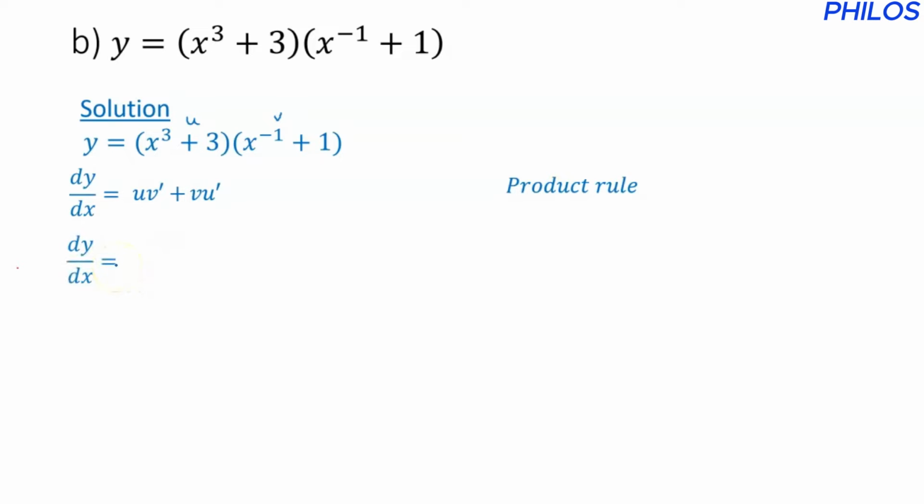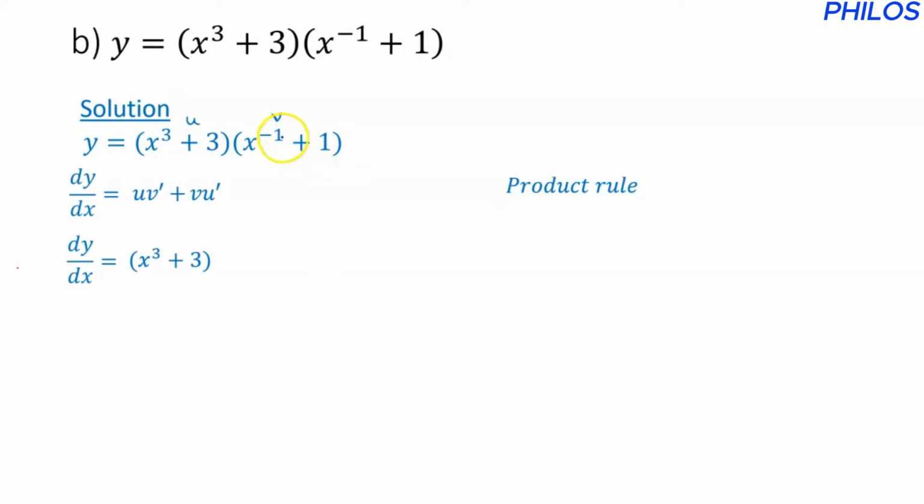So dy over dx will be equal to, what was our u? Our u was x exponent 3 plus 3, isn't it? So we substitute it there, times, now what will be our v prime? V prime means, remember, this is v, and v prime means we should differentiate the whole of the one in the bracket here with respect to x.